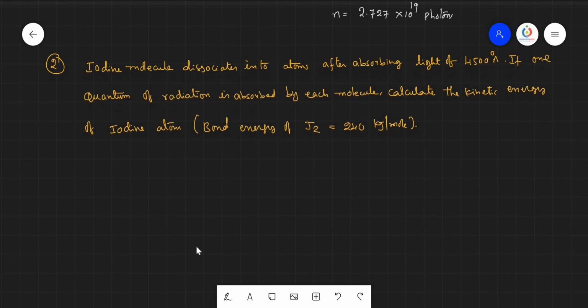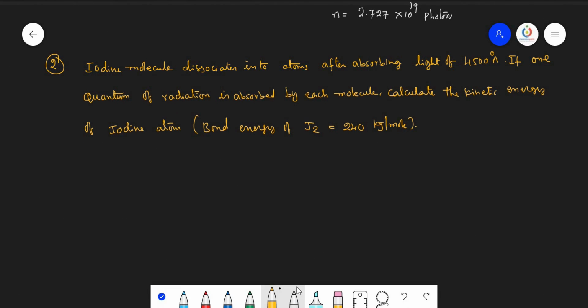I will simplify this question to make you understand better. As per what they said, there is one iodine molecule. You know that iodine molecule is I2 molecule. So this iodine molecule dissociates into atoms. So it dissociates into two iodine atoms, I plus I, after absorbing 4500 angstroms of light.